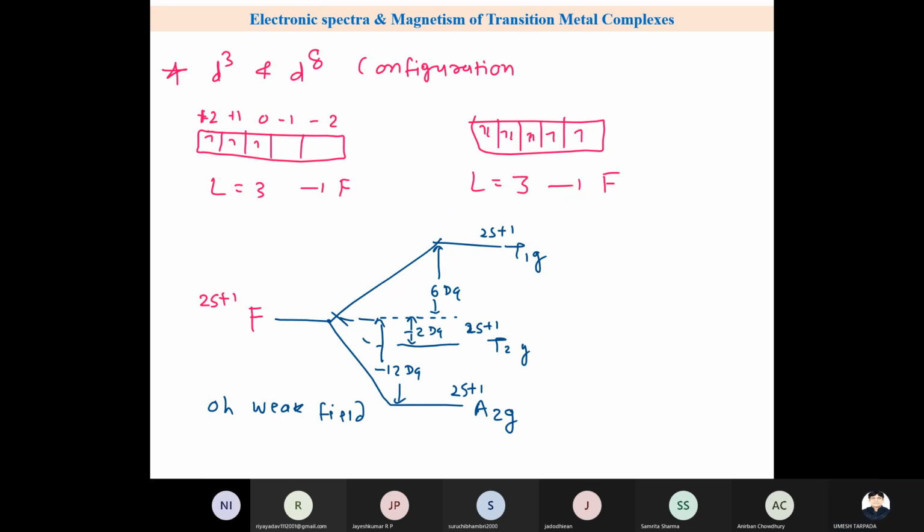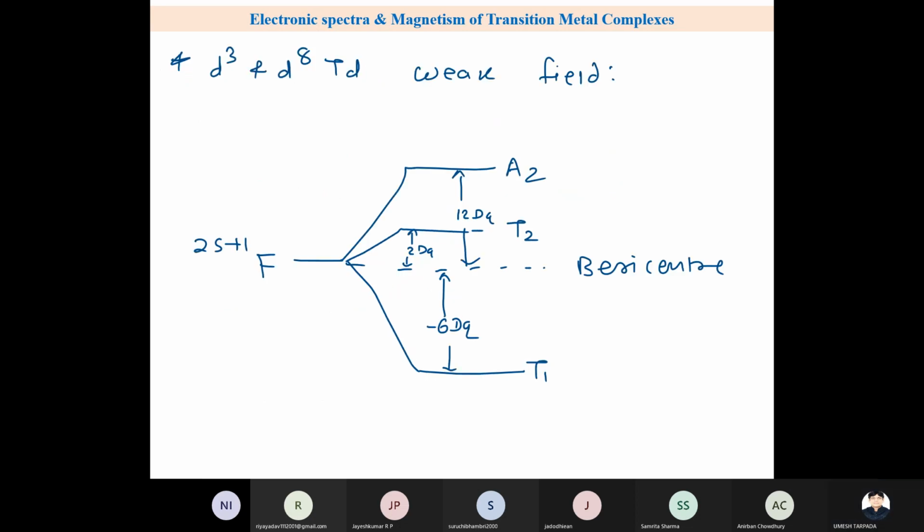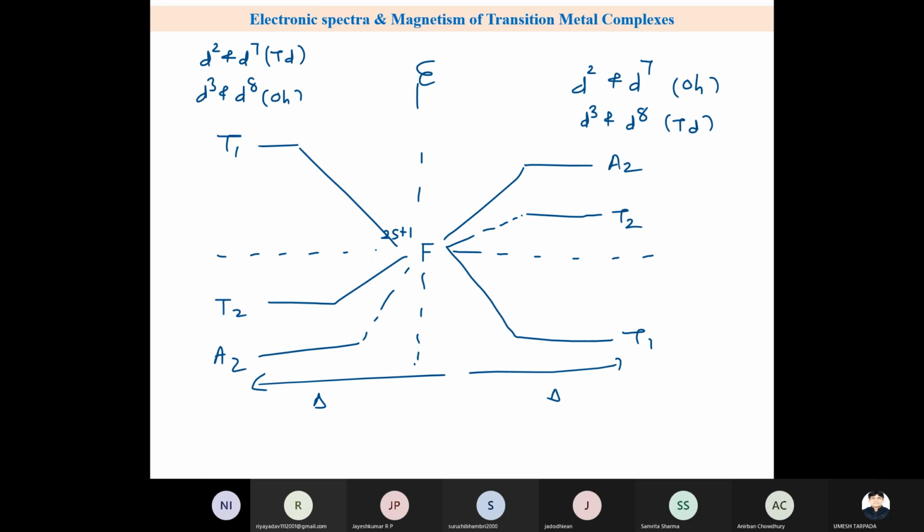Similarly, the P term is split into T1g and the S term is split into A1g. So these are the various Mulliken terms, and according to these Mulliken terms, the splitting is this.